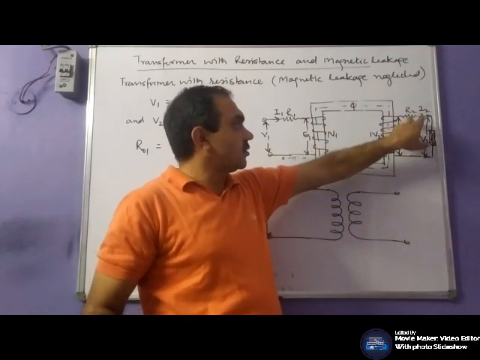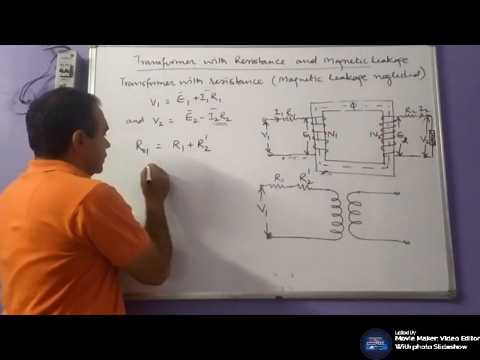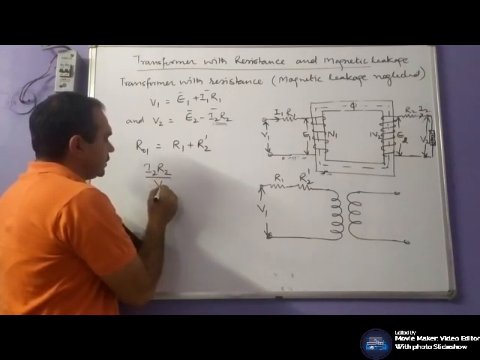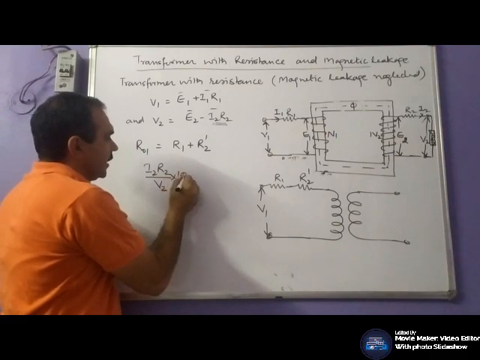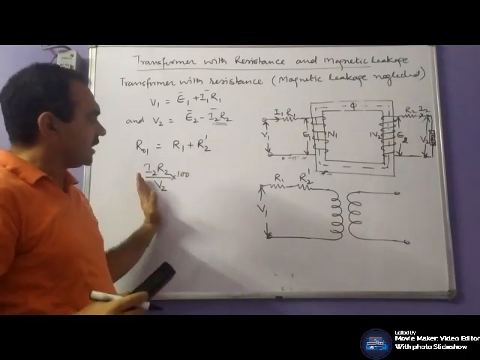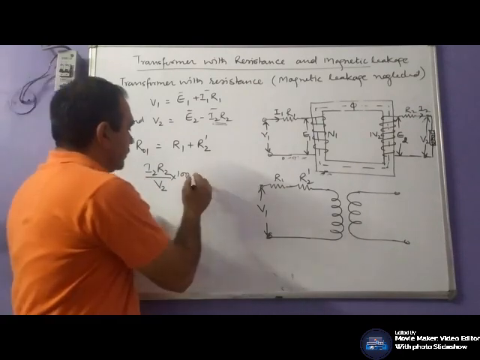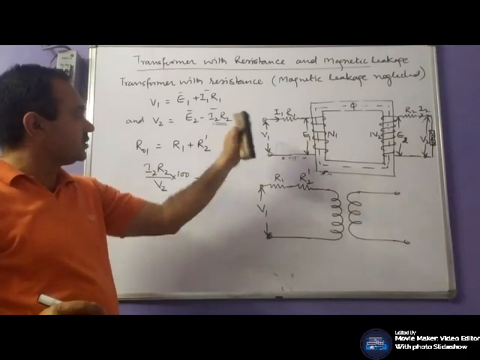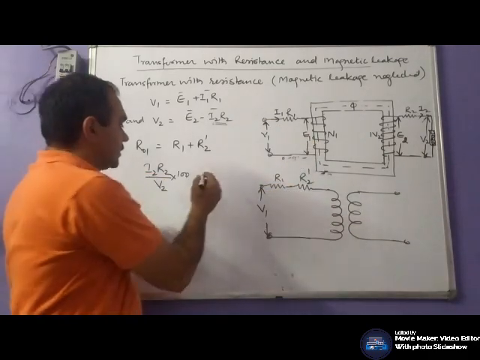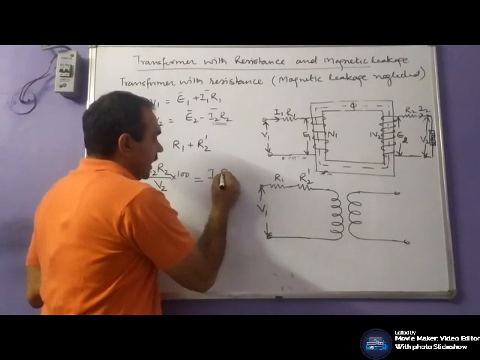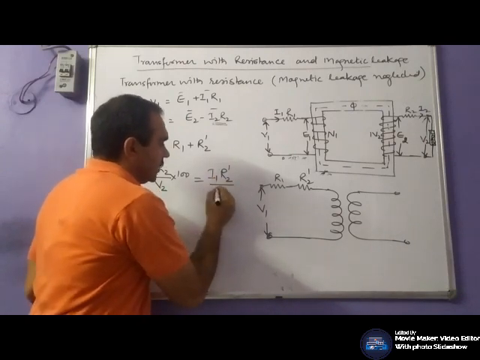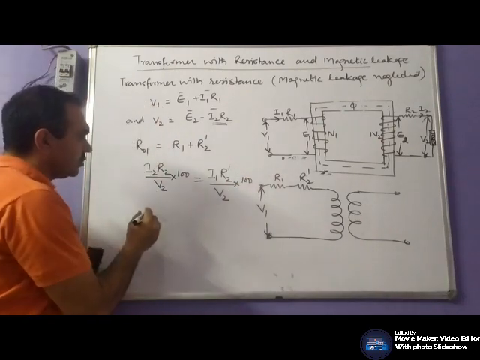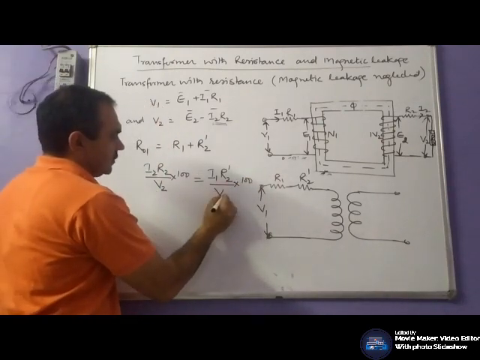For example, we have transferred this resistance on this side. So what is the voltage drop here? I2 R2, and percentage of voltage drop is I2 R2 divided by V2 into 100. This will be the percentage of voltage drop. That should be equal to, now this resistance R2 is transferred to the primary side. So here current is I1 and its equivalent resistance is R2 dash, so I1 R2 dash by V1 into 100.